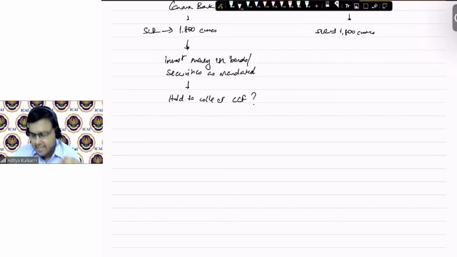So can I say that as far as the portfolio of statutory liquidity ratio of 1800 crores is concerned, the business model is only collecting the contractual cash flows? और कुछ भी नहीं है.